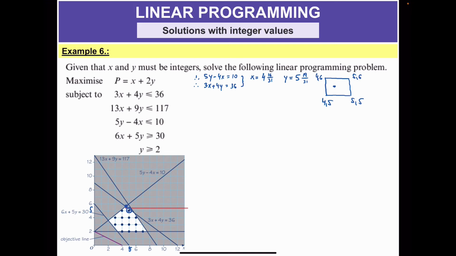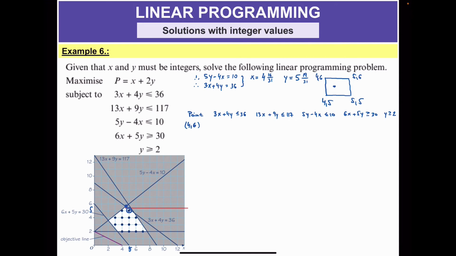We had quite many constraints here, so I'll try to squeeze them in here somehow. So this would be the point that I want to test. Then the first constraint was 3x plus 4y is less or equal to 36. Lastly is y is greater or equal to 2. So the first point that I'm going to test is the point (4,6).